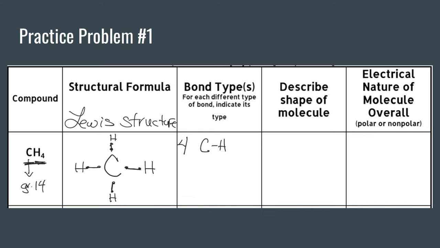We take the higher number, which in this case is carbon, 2.5, and subtract the lower number, which is hydrogen, 2.1. That equals 0.4. When we look at 0.4 on our bond types, we end up with a nonpolar bond.